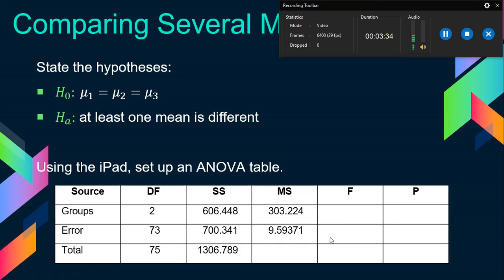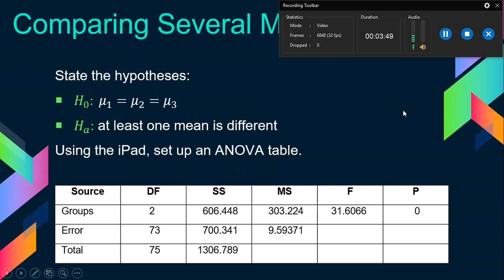From these 2 values, we will go ahead and set up the ratio and run the F statistic. And that is significantly high. And then using the iPad, if you just hit the value where they display the p-value, we can see that it's essentially 0. It's actually so tiny that they use scientific notation.